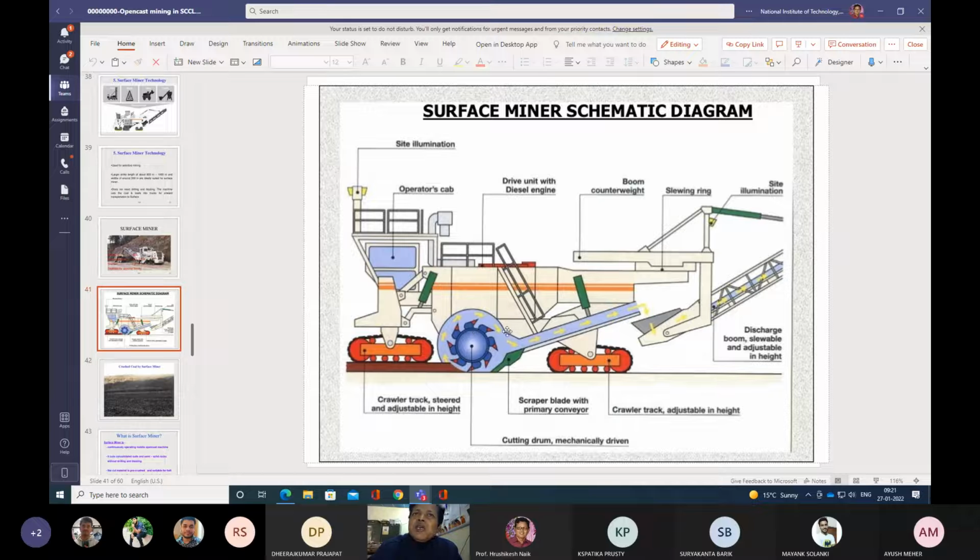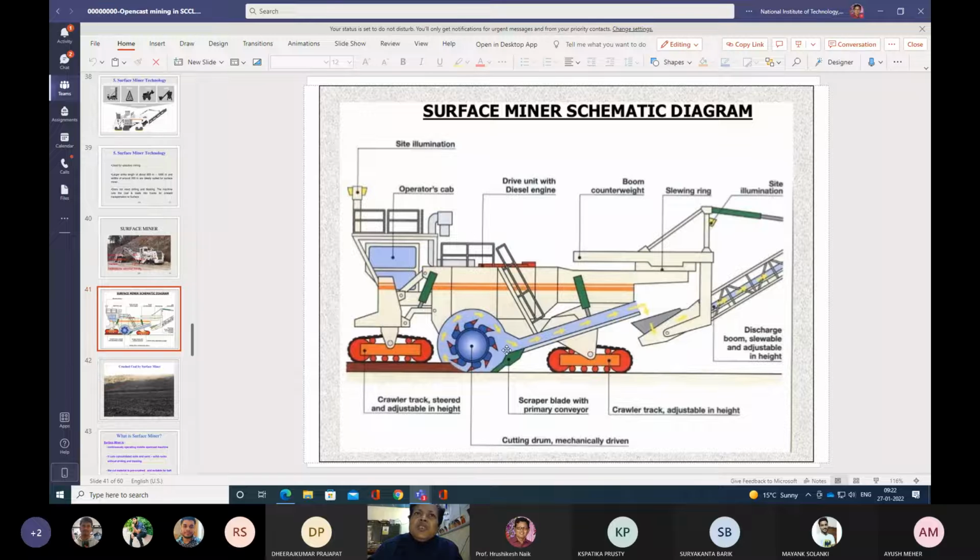The size of the material is uniform, therefore it can be loaded directly to the belt conveyor, and this belt conveyor will transfer the material to the discharge boom, and through the help of this swayable, adjustable height discharge boom, the material will be transported. So this is the process of cutting by the help of a surface miner. There is no need of a crushing machine here.